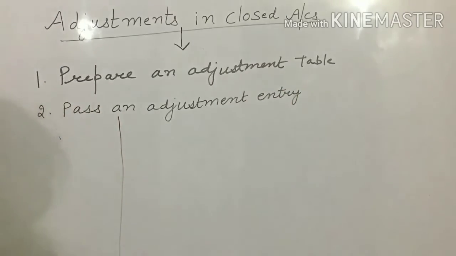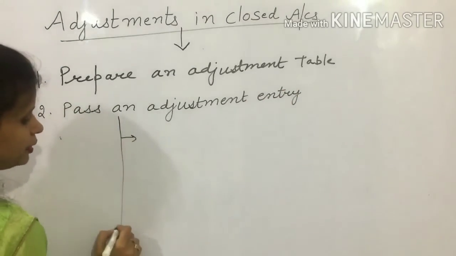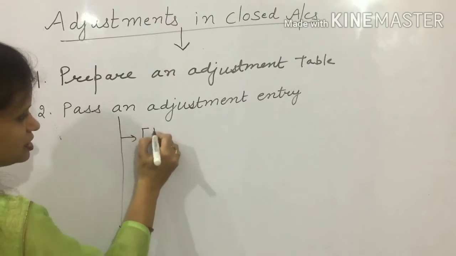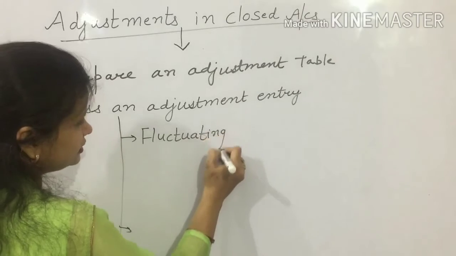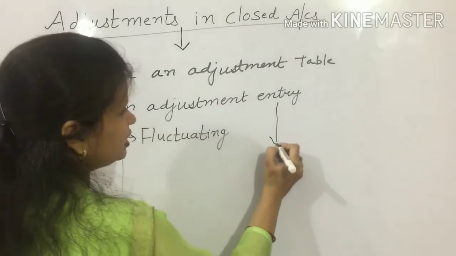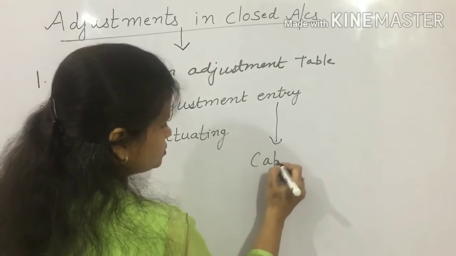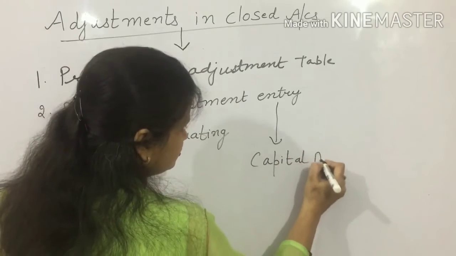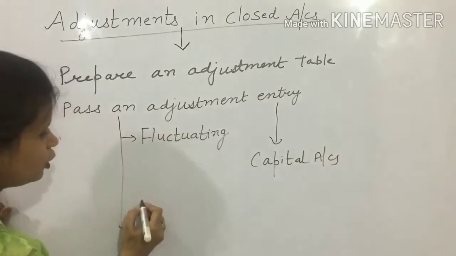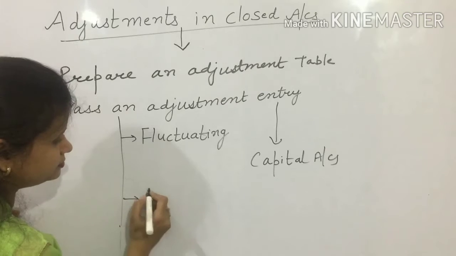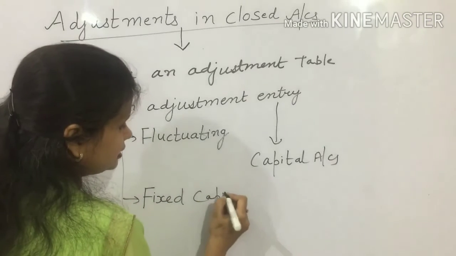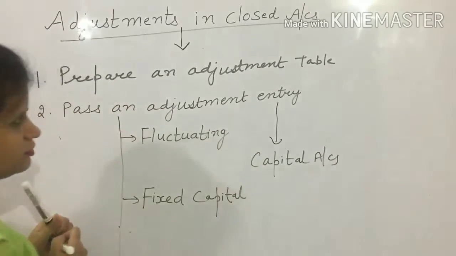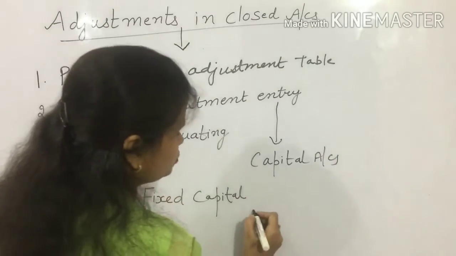While passing an adjustment entry, what you have to remember, if firm is following fluctuating capital method, then adjustment entry will be through capital accounts. But in case firm is following fixed capital method, then this adjustment will be made through current account.